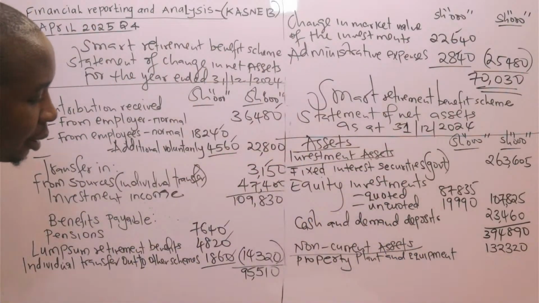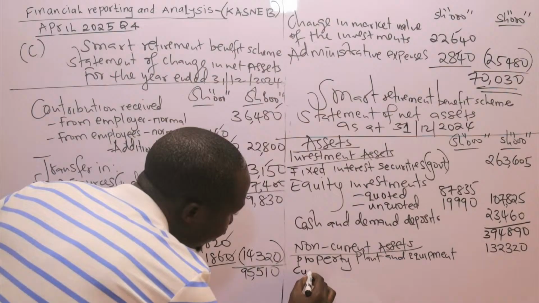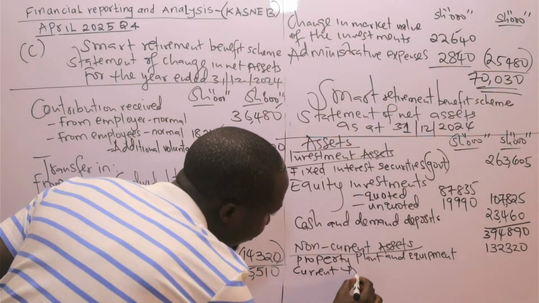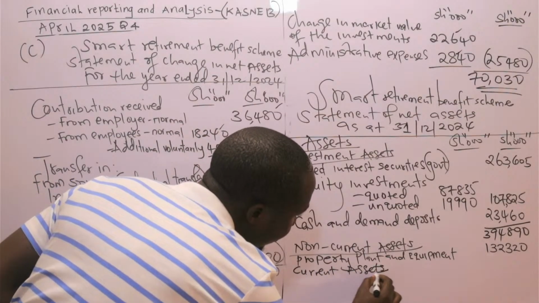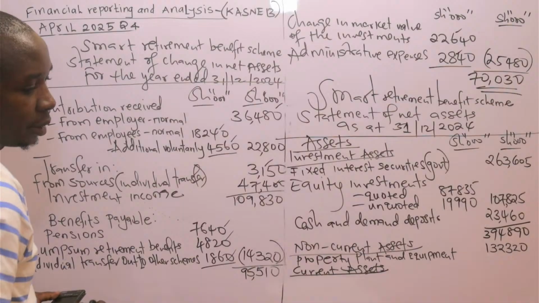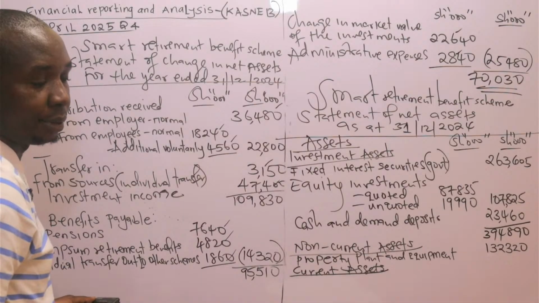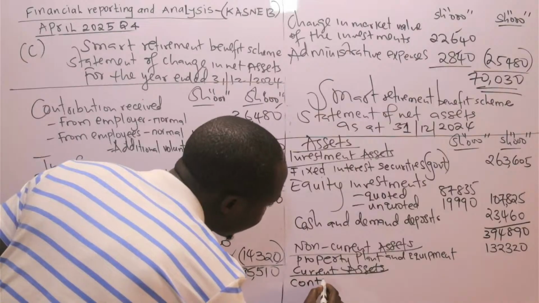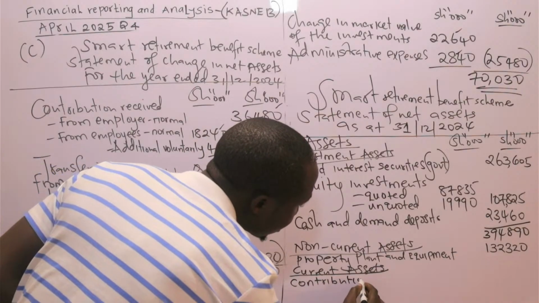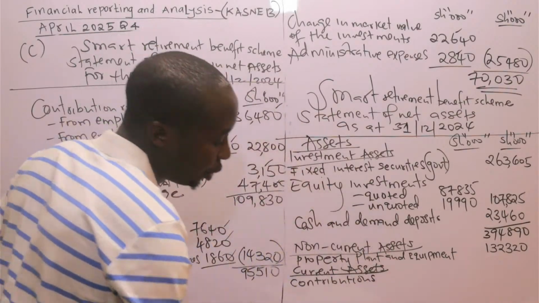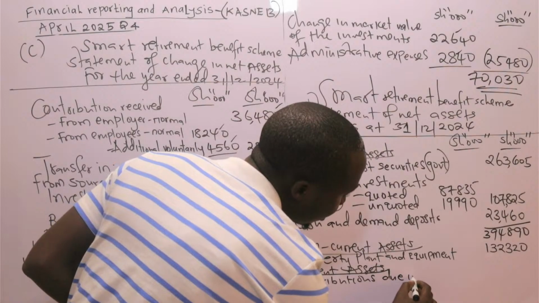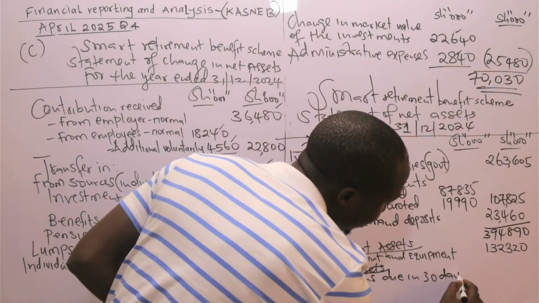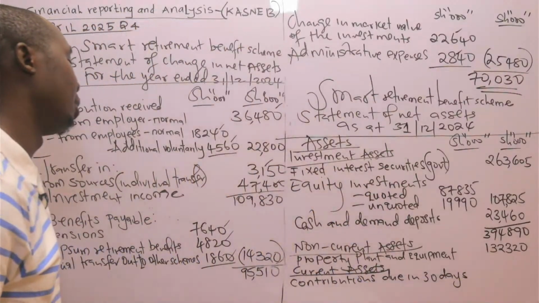Then we have current assets. There are some contributions which are due in a short period. In that balance there are contributions due in 30 days. During those 30 days, they will be received by the scheme. Those are current assets.